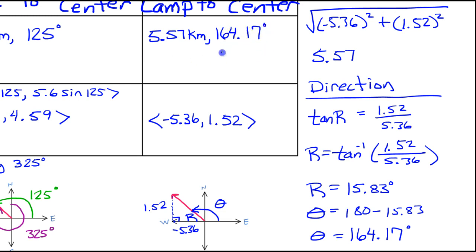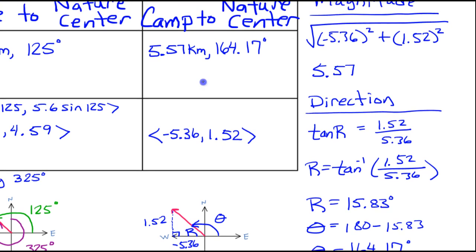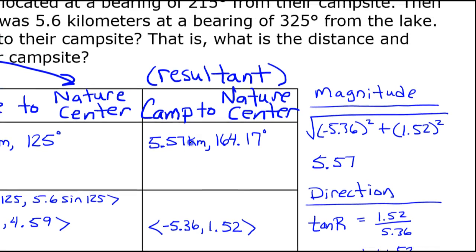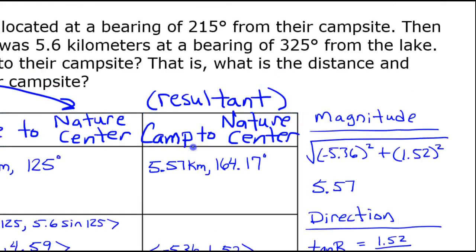Now, that's basically the answer, and sometimes this would be the final answer because we have the magnitude and direction of the resultant vector, the distance, the displacement from the camp to the nature center. However, this is not the final answer because of one thing. The way the directions were given were all bearings.